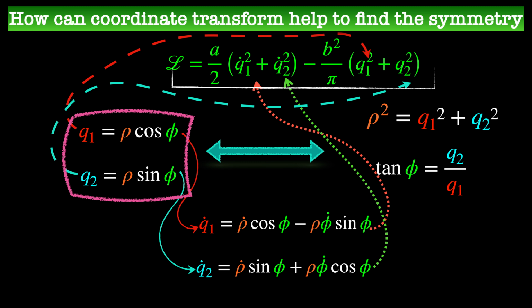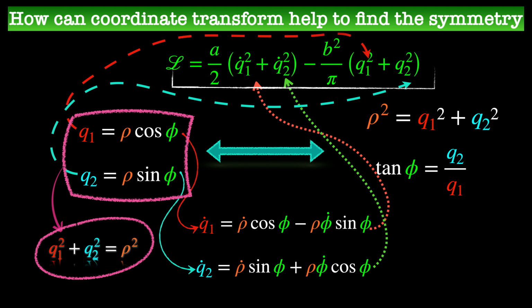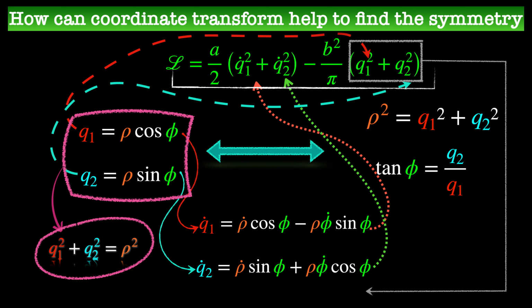You have q1 and q2. From q1 and q2 you can make the square quantities, and if you add them you will get rho square. So you can easily connect this term with the second term in the Lagrangian, which you can see here. This is your second term in the Lagrangian, and it directly connects to this rho square.